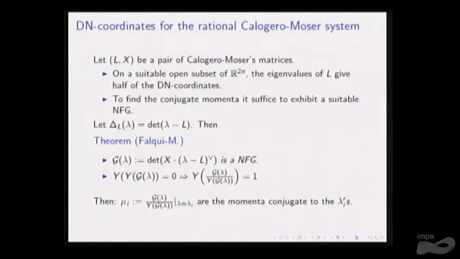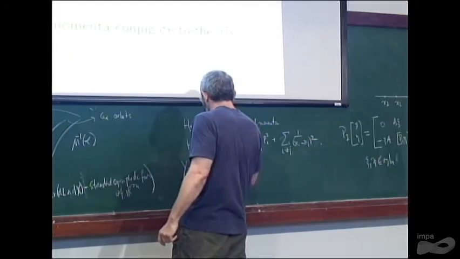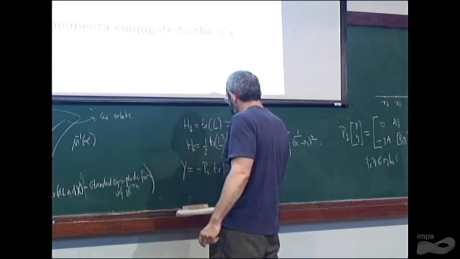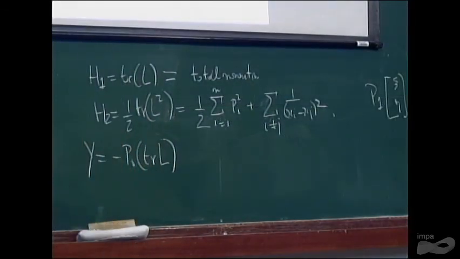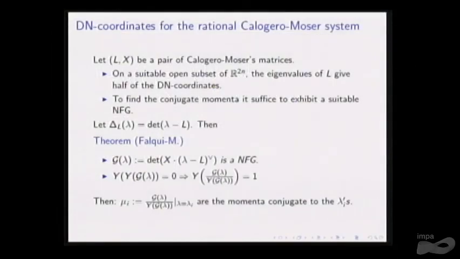Moreover, it is not too difficult to prove that if you apply Y, which is P0 applied to the trace of L, to g(λ), it is equal to 0. And from this you prove that Y(g(λ))/Y(Δ(λ)) is equal to 1.